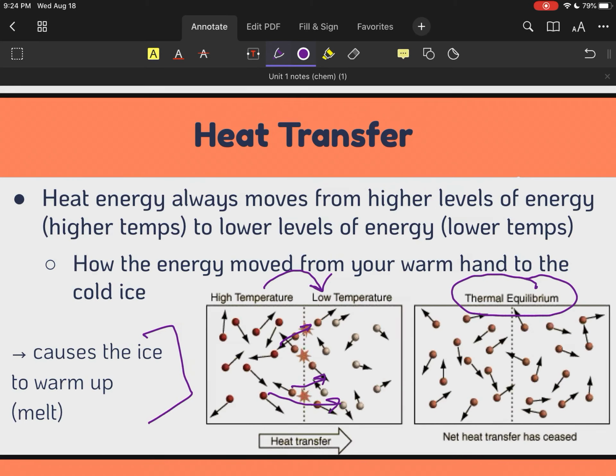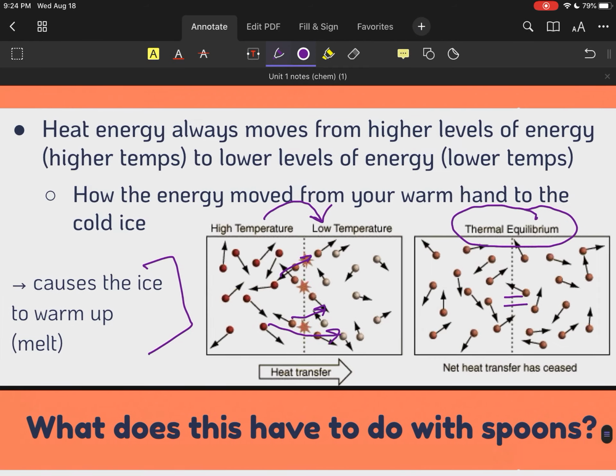We call this thermal equilibrium. That's when both substances now have the same temperature, or the same amount of particle movement, because their energy is the same, right? Their kinetic energy is now the same, because our high energy has moved into our low energy area.